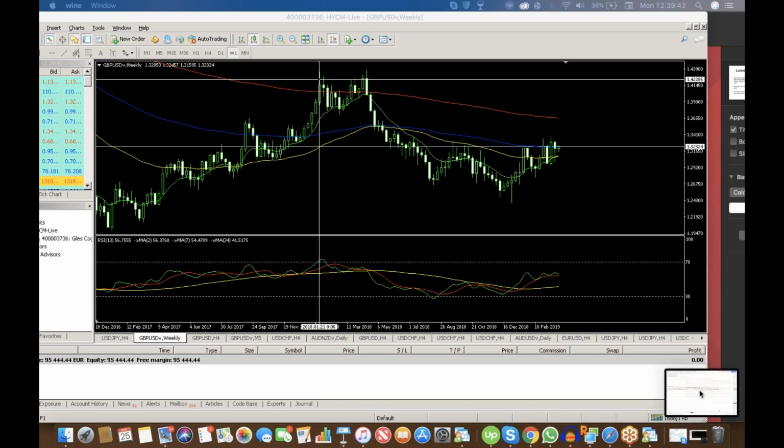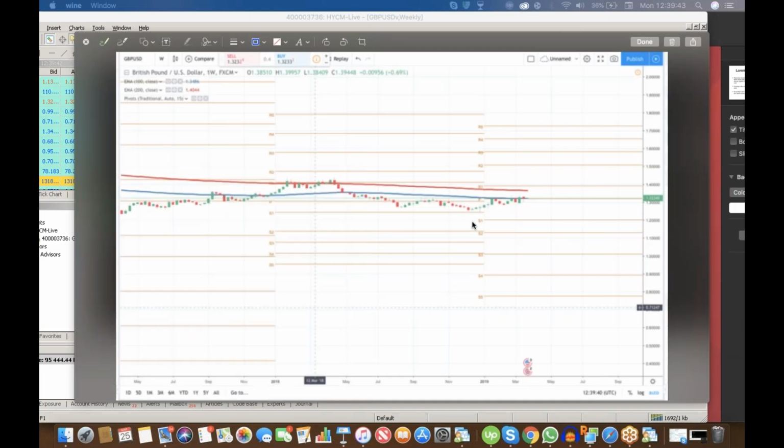Here looking at the weekly chart on the pound, we've got the pivot points. We're at a key pivot point on the weekly chart, about 1.320, which is the same as the 100 exponential moving average level. A break above these highs, and you could see up to 1.3839, the next pivot point. But clearly, the first target would be the 200 exponential moving average.